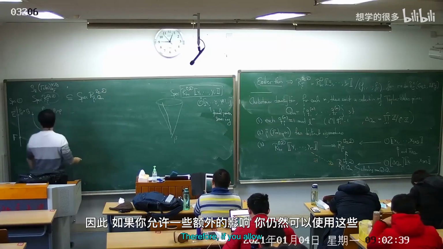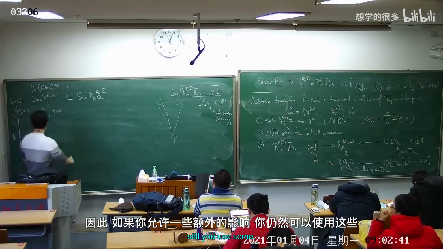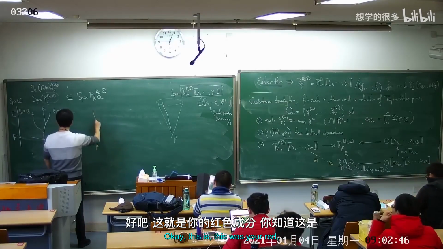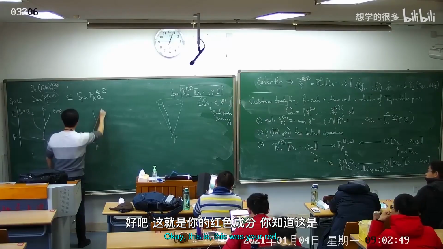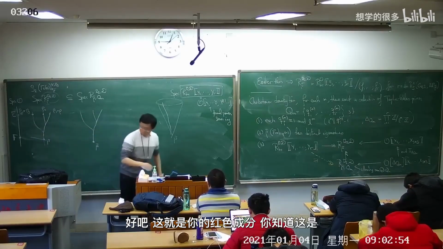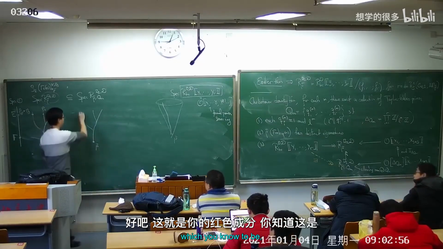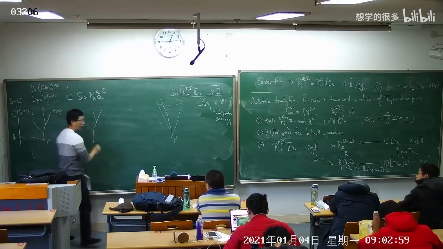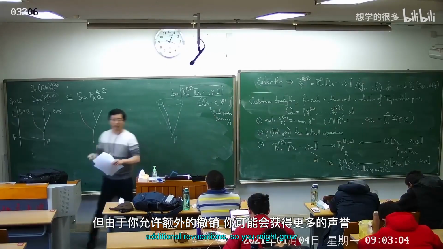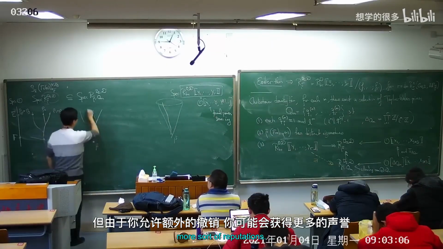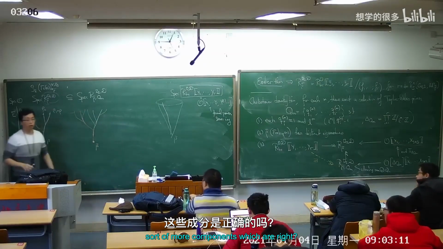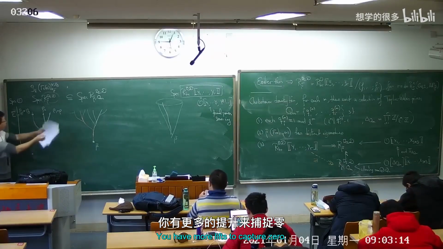If you allow some additional ramification, you still start from the same rho bar here. Let me try to draw this picture. This was your red component, which you know to be modular. But because you allow additional ramification, you might grow more components which are modular. You have more lifts to characteristic zero.